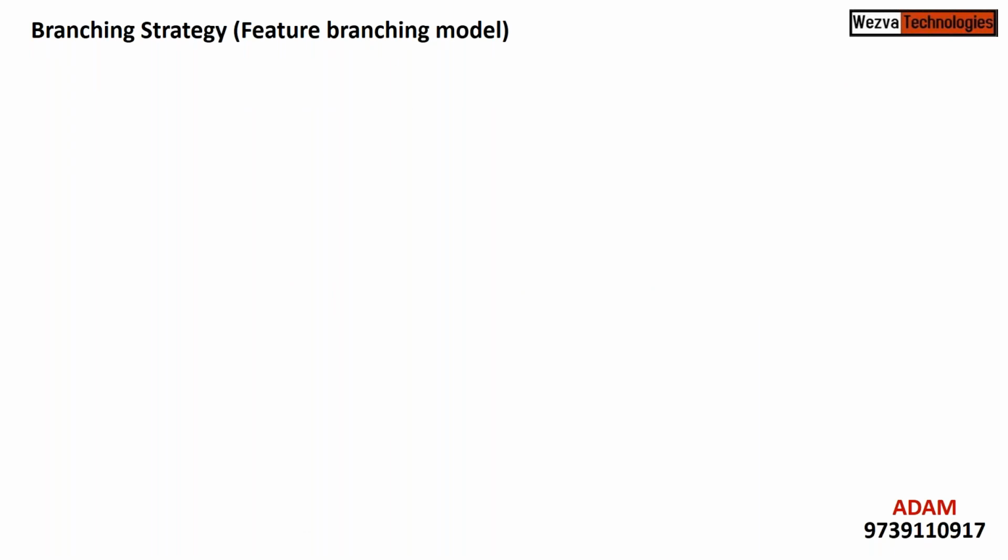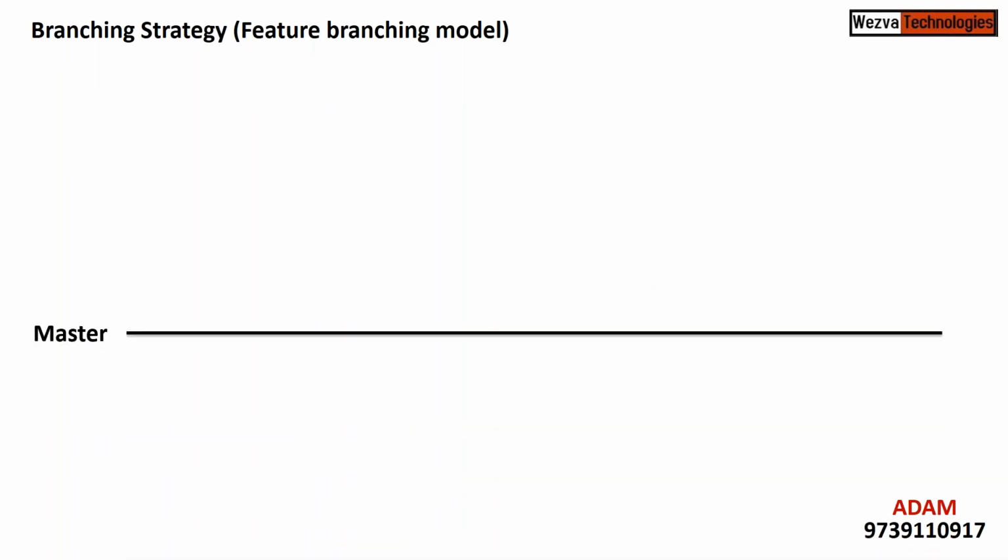The first thing you need to understand is, if you have a repository, no one is allowed to do a commit in the master branch. Why? Because the master branch represents that the code you have in this branch is stable, and most of the time whatever you give to a customer should be given from the master branch.